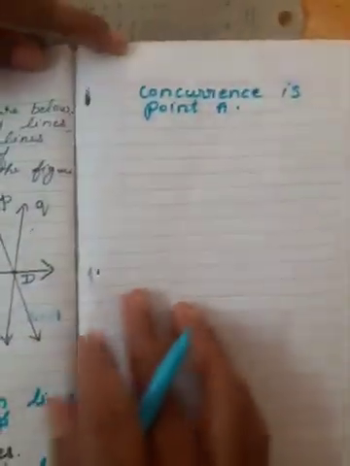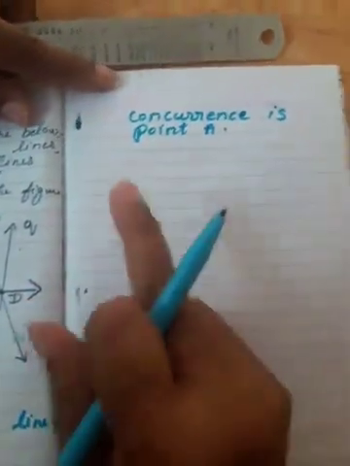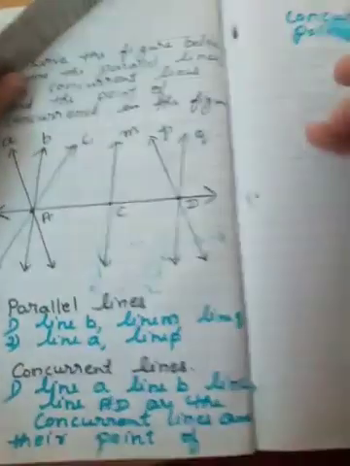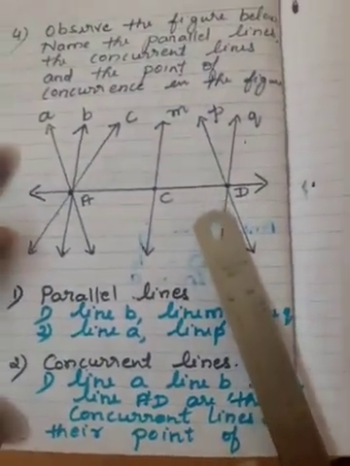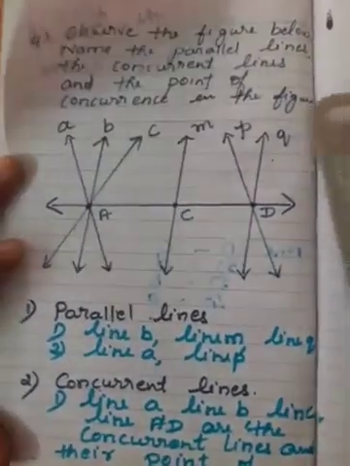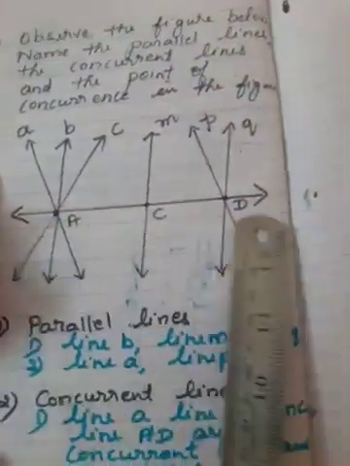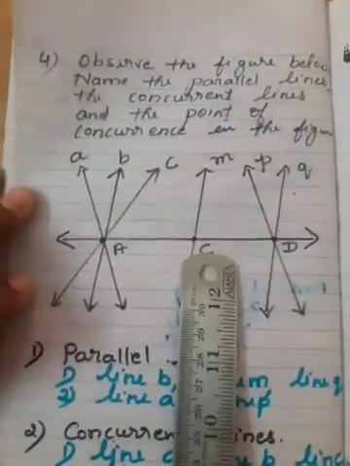Okay, this is the one set of concurrent lines. Now one more set of concurrent lines you can see in this figure. Now look at this line, line P, line Q and line DA, DA or DC.